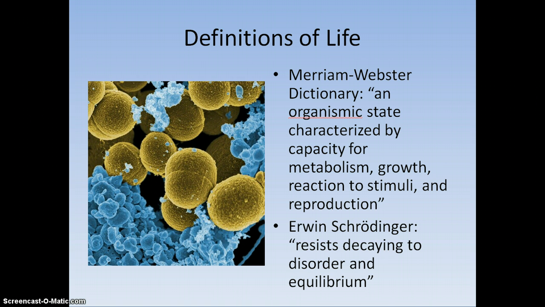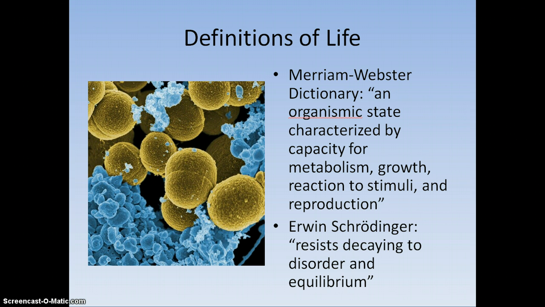So the definitions for life that we're going to be using, we'll start with Merriam-Webster Dictionary's definition for life, which they define as an organismic state characterized by capacity for metabolism, growth, reaction to stimuli, and reproduction.